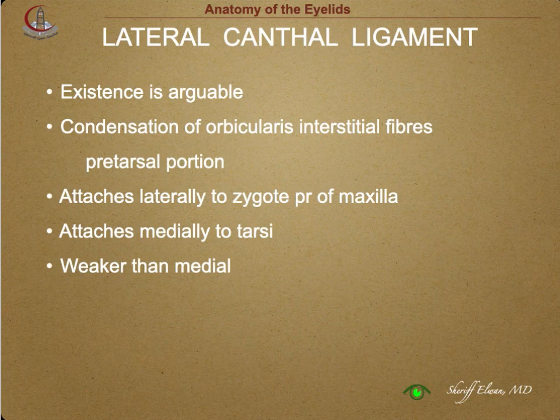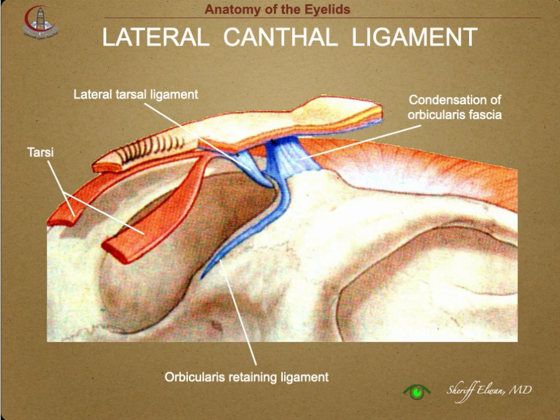It attaches laterally to the zygomatic process of the maxilla and medially to the tarsi, and it's much weaker than the medial ligament. Here it is, condensations in the orbicularis oculi fibers, attaching to the lateral sides of both tarsi.